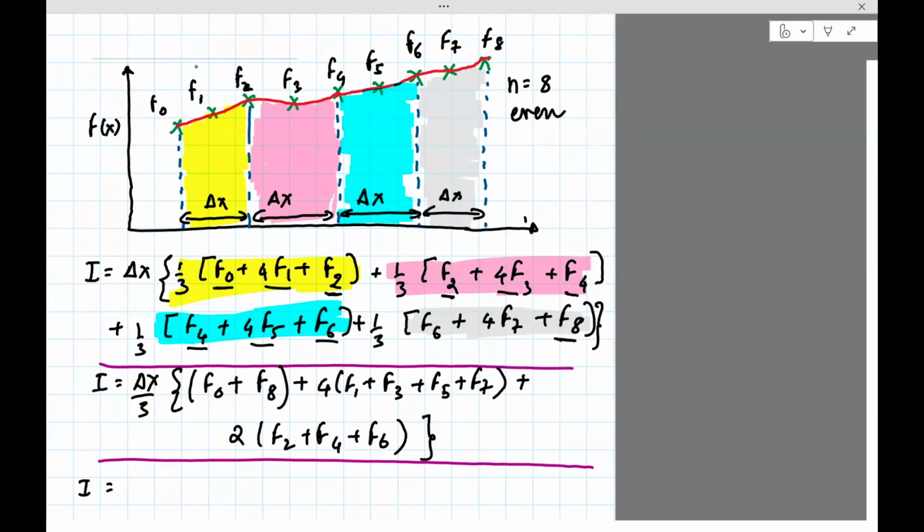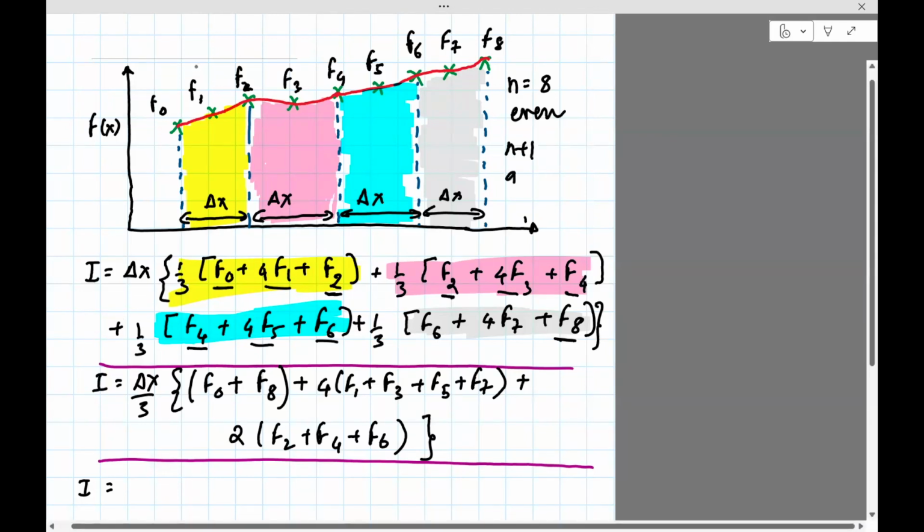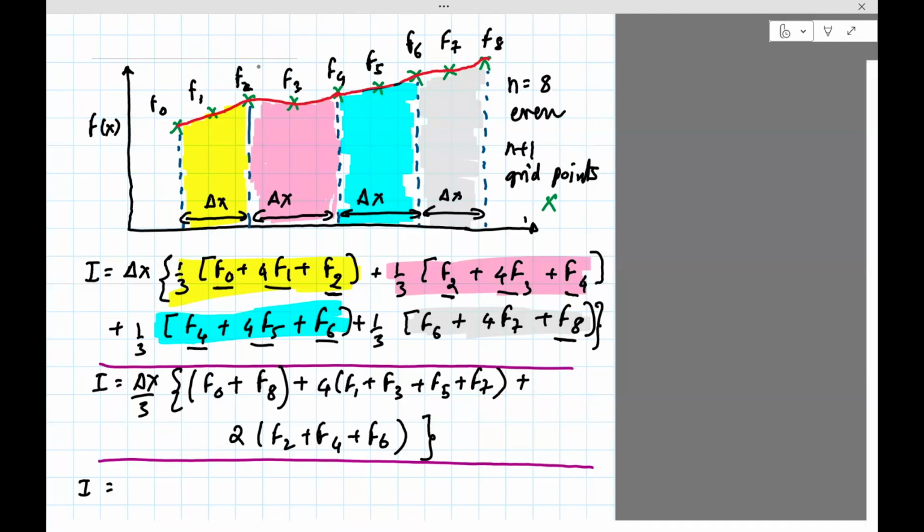So there are n plus 1 grid points. And grid points are all those crosses. You need n to be even. Super confusing for people when they do this. They're confused which one should be even. It should always be n which is even, where n is the last number there. Of course, you start from 0.